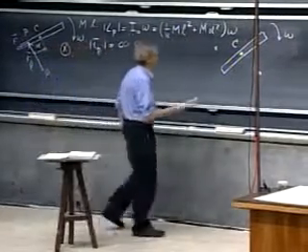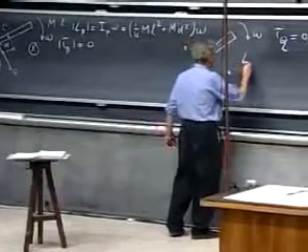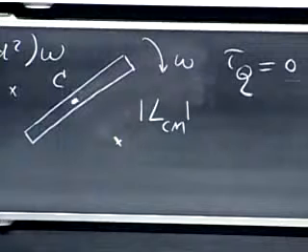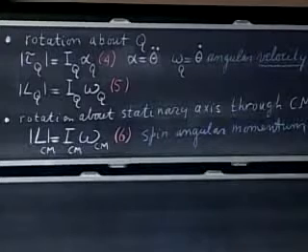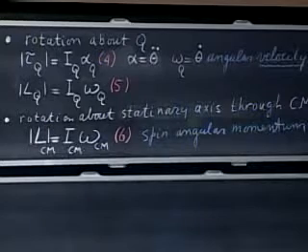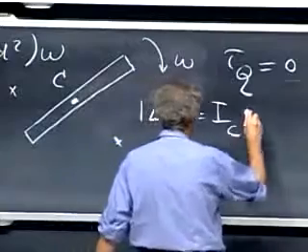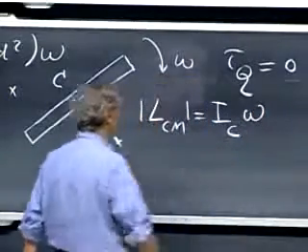And if you want to know how large it is, the magnitude of the angular momentum I calculated about C, which is the center of mass, is simply equation number 6: the moment of inertia about that point C times omega about the center of mass.